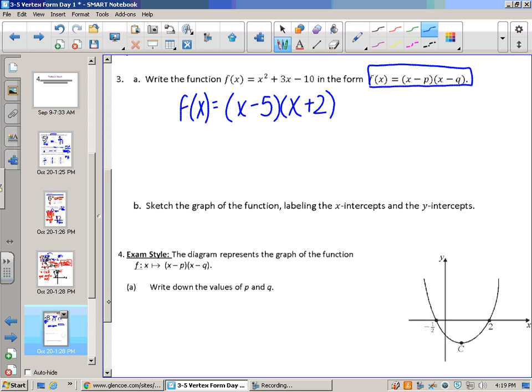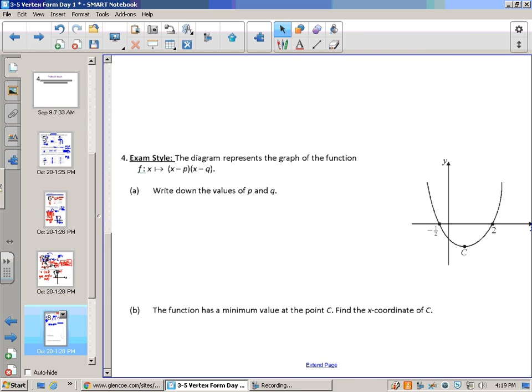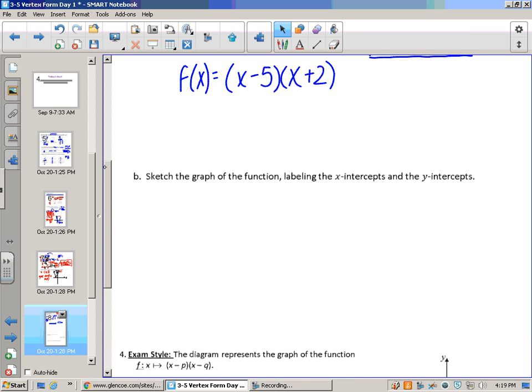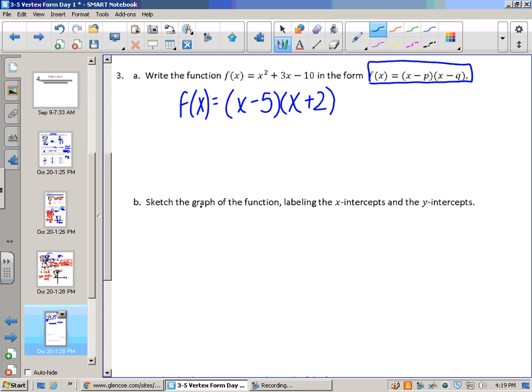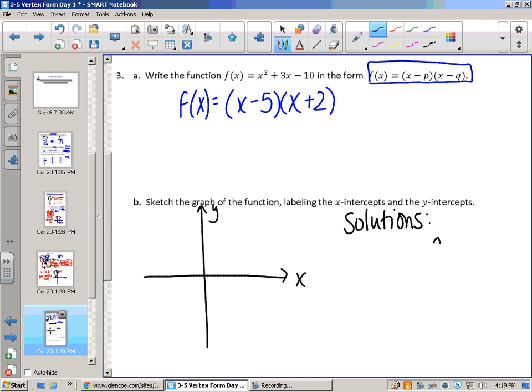If we were to sketch this, I would have my axes. My solutions, if I do solve it, would be x equals 5 and x equals -2. So I would graph -2 and +5.